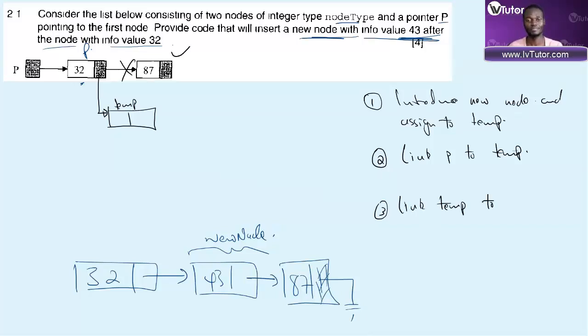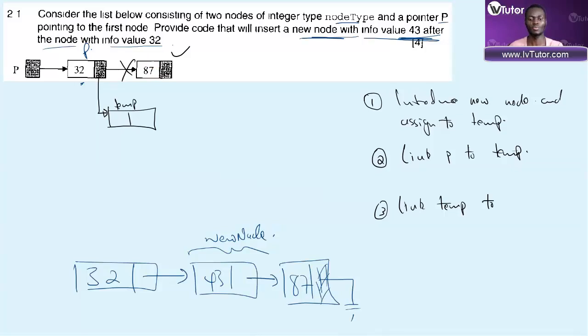But how do you do it? Because you have no way of accessing this node. The only way of getting to this node was to actually go p.link. You see that? So before you break this link, you want to keep this address somewhere, which means you might introduce another pointer that stores this node for you.